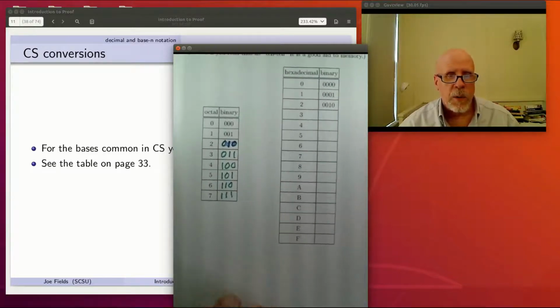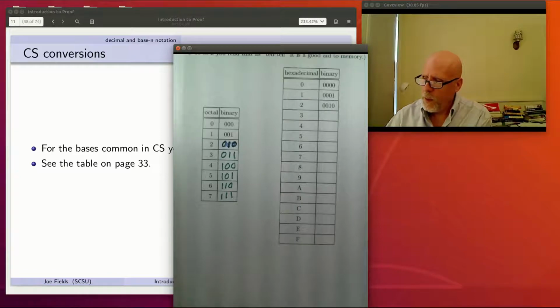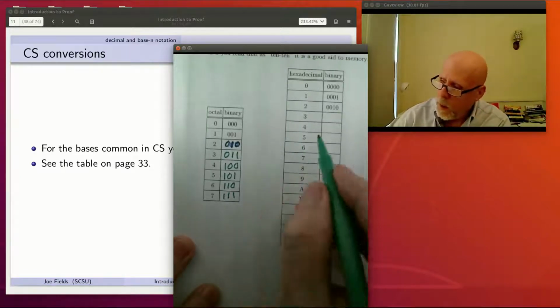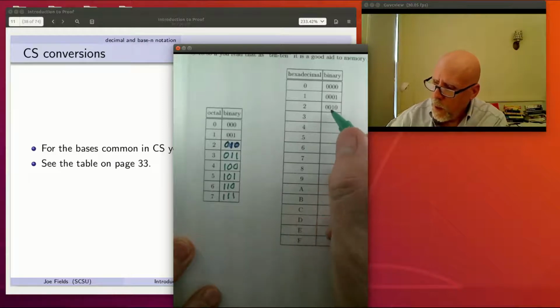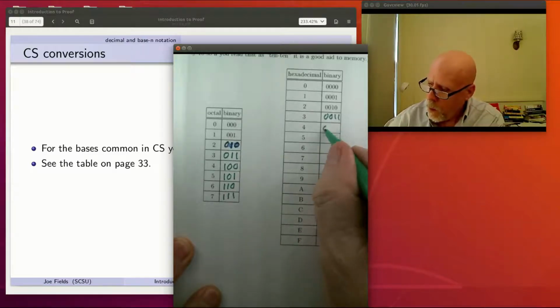Got it? Okay, so we can pull the same thing in hexadecimal. After 0010, we'd have 0011, then 0100, then 0101.